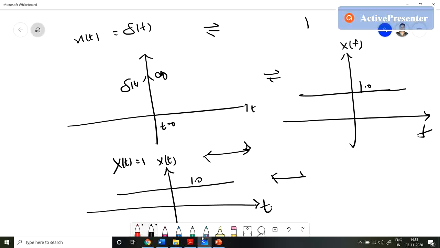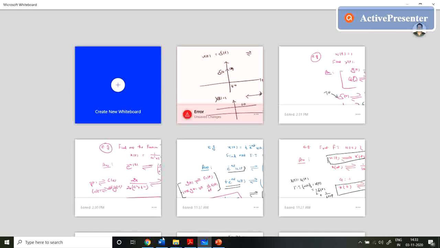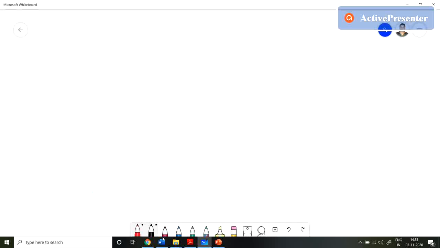If we find the Fourier transform, it is simply a delta function present at f equals 0, and its amplitude at f equals 0 tends to infinity. So we can use this property and find the Fourier transform of 1.